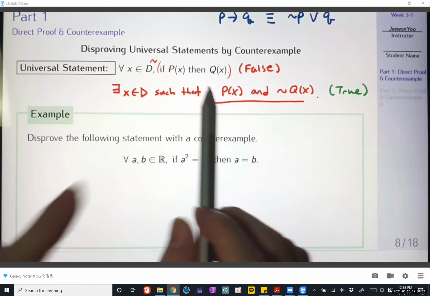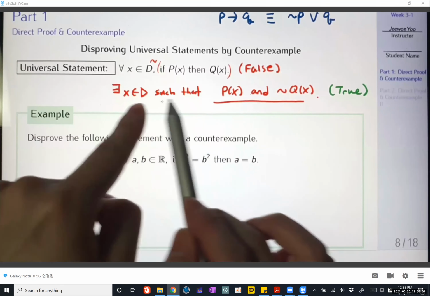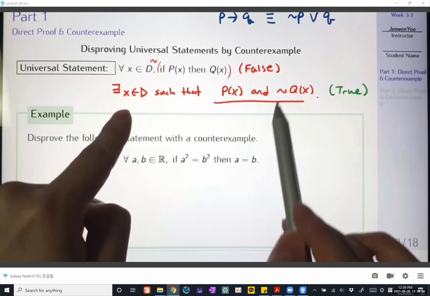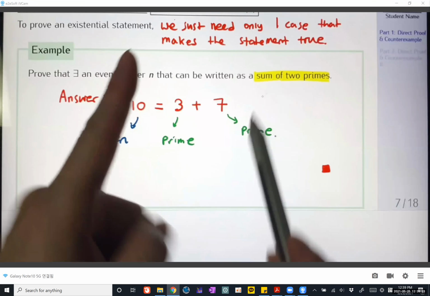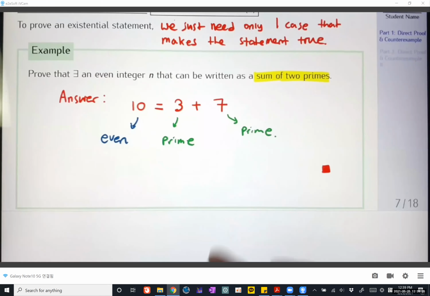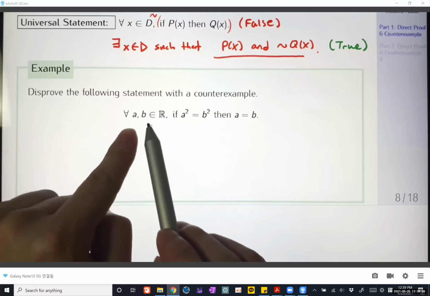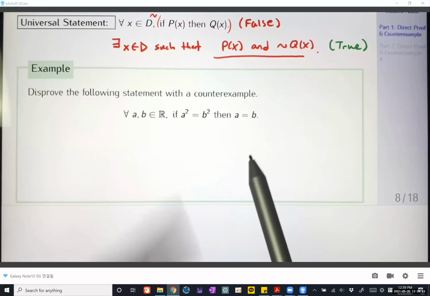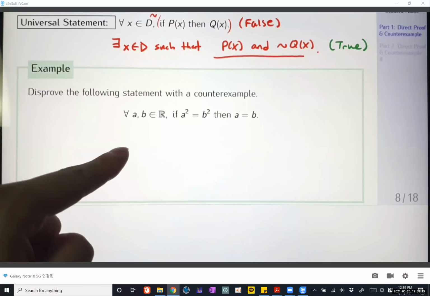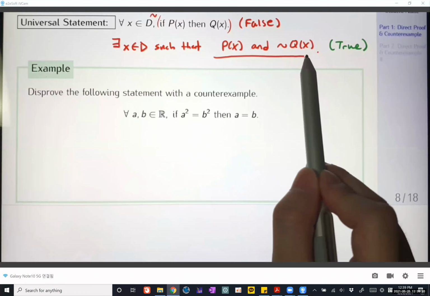Wait a minute. Disproving a universal statement is nothing more than proving an existential statement, just like before. Proving an existential statement just requires one example. So disproving this universal statement by finding a counterexample means just one example that makes the statement false, or one example that makes the negation true.